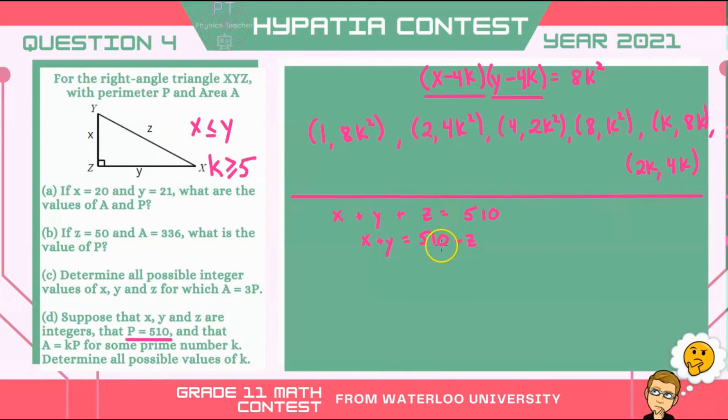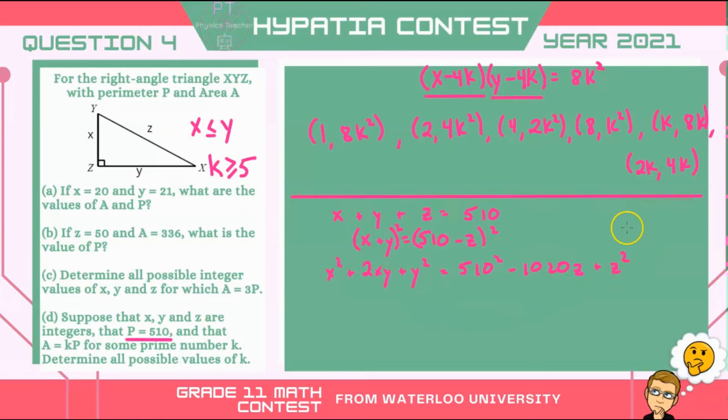And then squaring both sides of the equation and expanding those squares, we're going to get x squared plus 2xy plus y squared. That's what you would get when you FOIL that. And we do the same thing for the other side of the equation, and we will end up with 510 squared minus 1020 times z plus z squared.